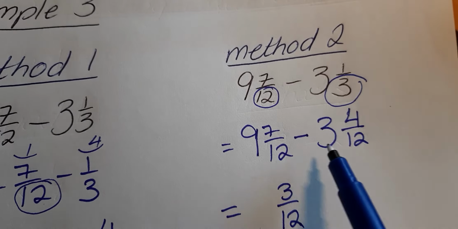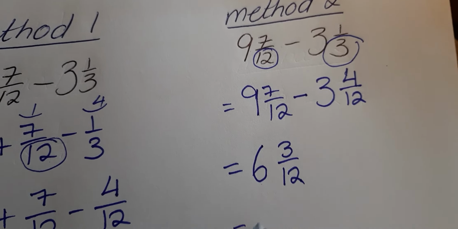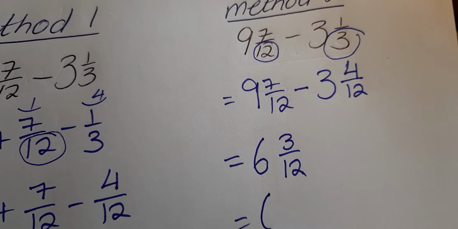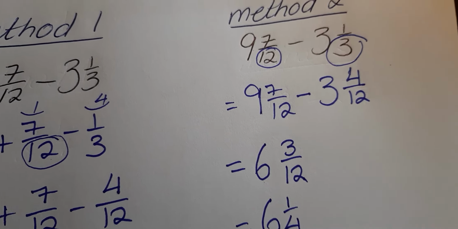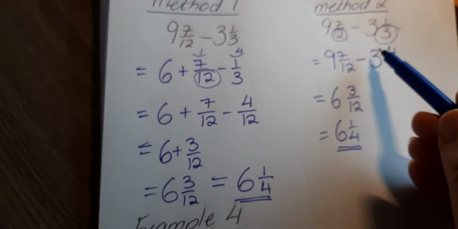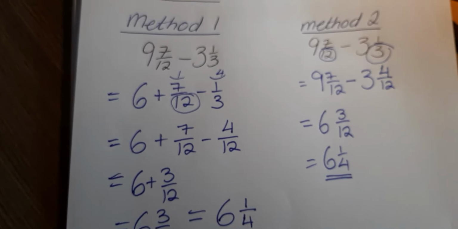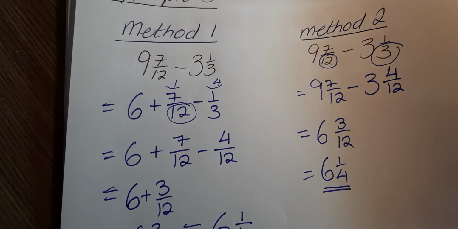And then 9 minus 3 is 6. We notice that this simplifies. So just like we did before, divide them both by 3. 6 1/4. See how this method actually seems much shorter? Doesn't really matter as long as you understand. Just use the one you find easiest.